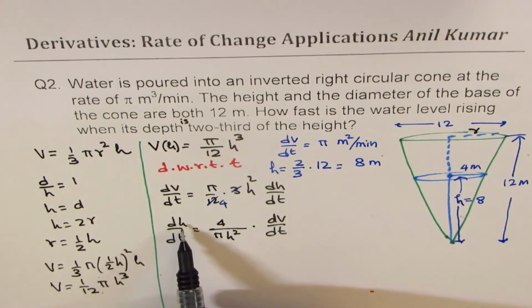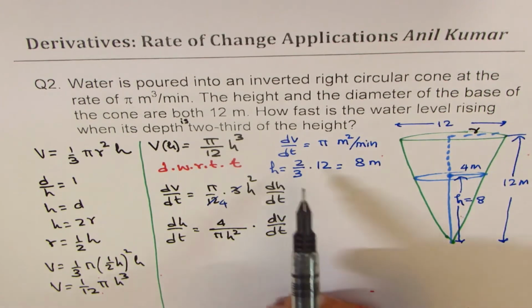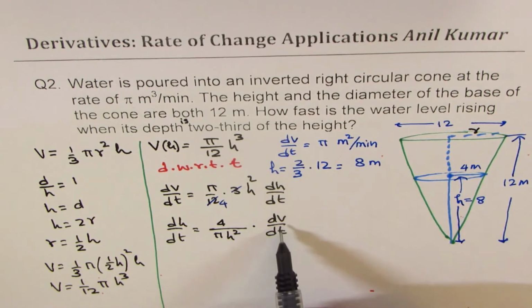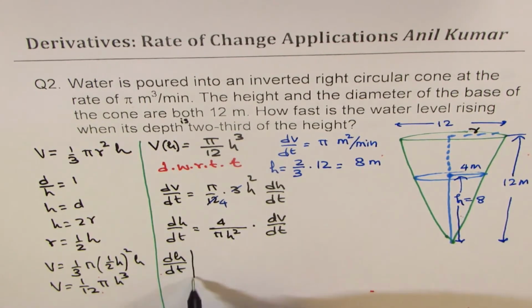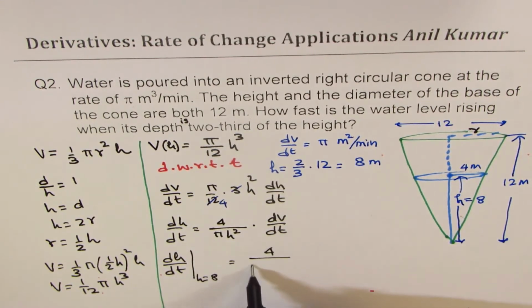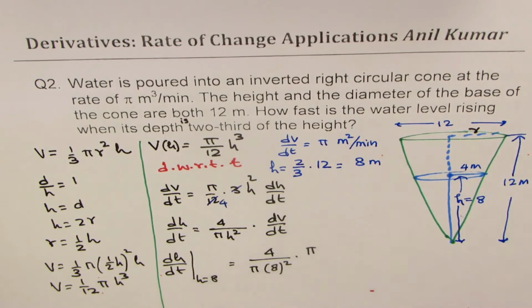We need to find the rate of change of height. So we can always substitute h equals 8, dV dt as pi, and calculate. So we know the rate of change of height with time when height equals 8 meters is 4 over pi times 8 square times dV dt, which is pi.